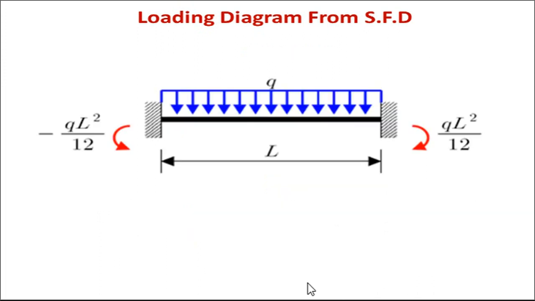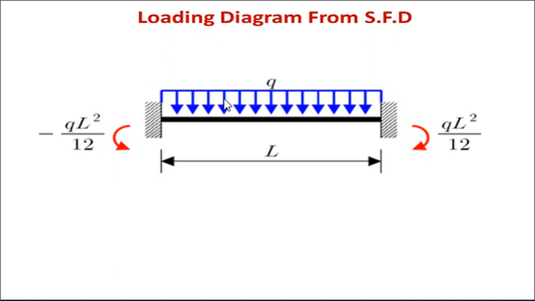After that, the next loading diagram from the SFD. There is a UDL acting, which is of intensity Q, and the beam is fixed at both of its ends, and there is a moment. Because of this UDL, at this end there is an anti-clockwise moment, minus QL square divided by 12.